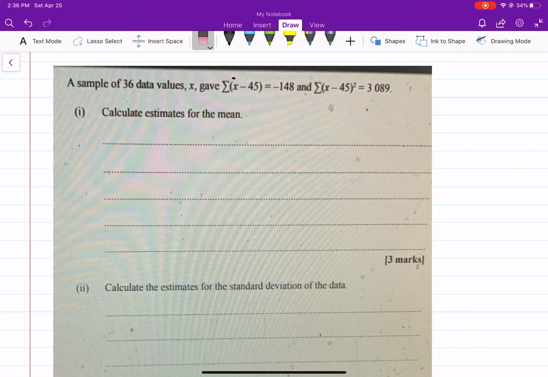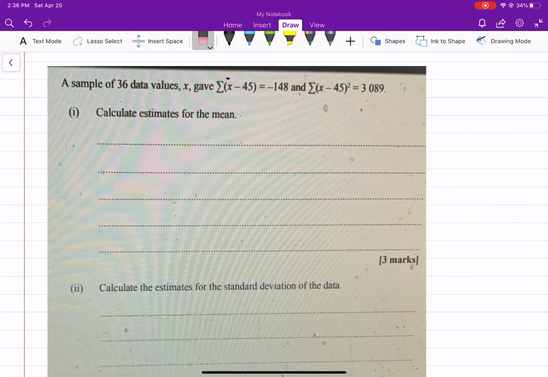And the mean, x bar, is equal to sigma x upon n. But we don't have sigma x directly. We have sigma of x minus 45. So one good way to deal with this is to code the x minus 45 and call it a new variable. So I'm going to let y be equal to x minus 45.